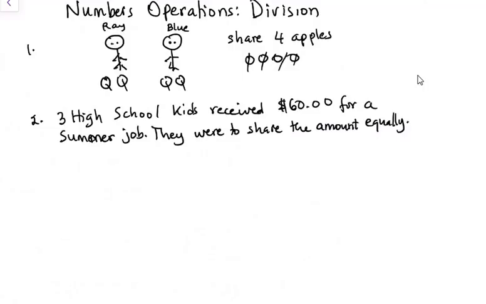Each one will take 2. We can just say 4 divided by 2 will give us 2. That's one way. So you can see what you've just done very quickly.